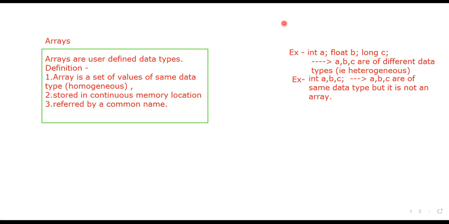Now the third one, example: int A is equals to new int 3.